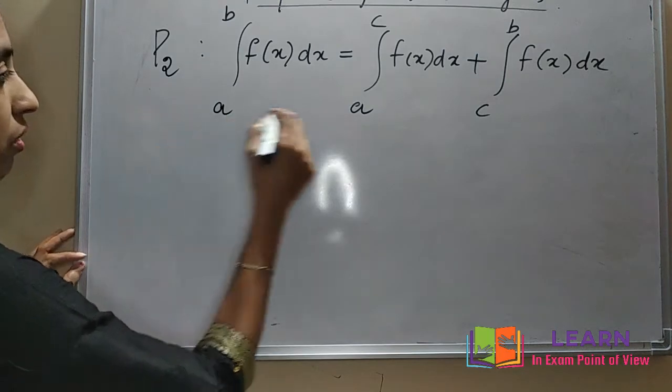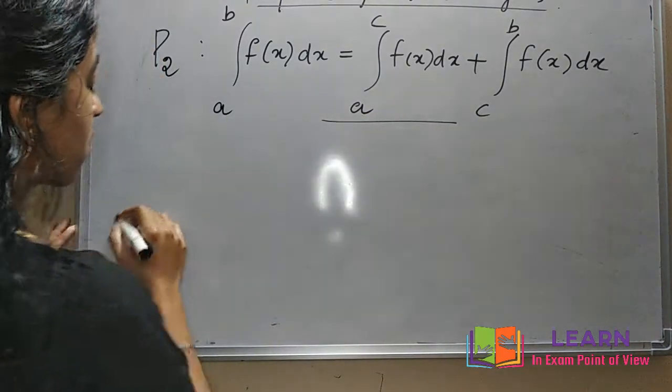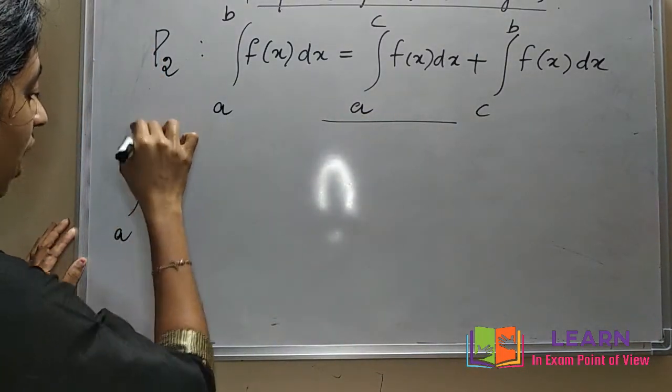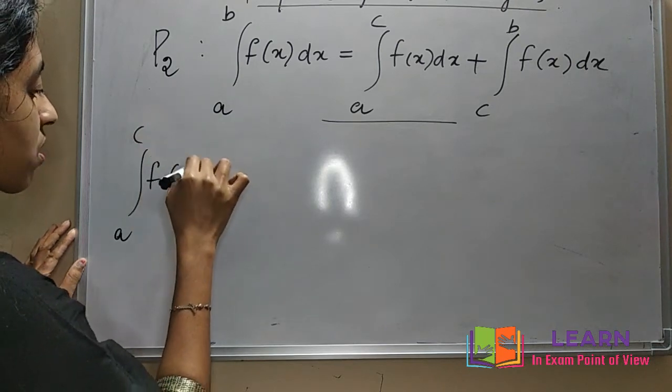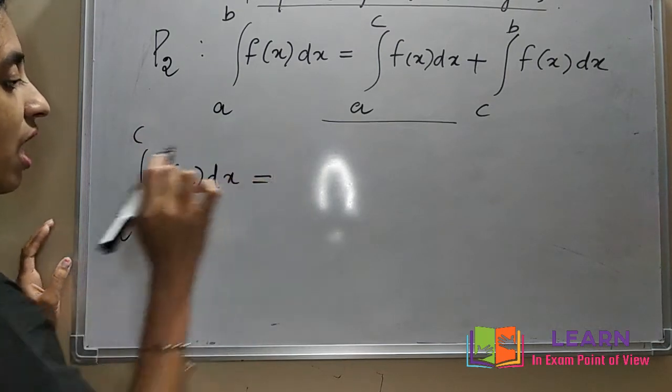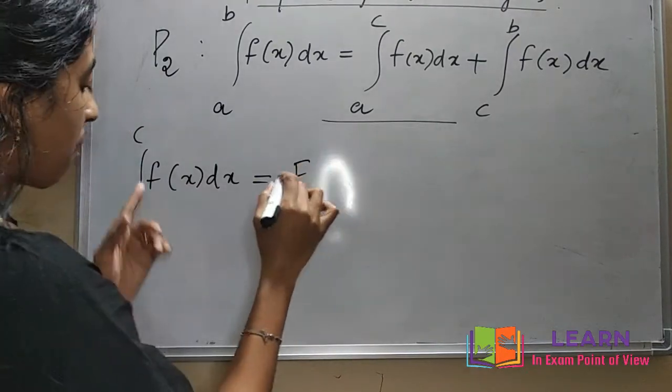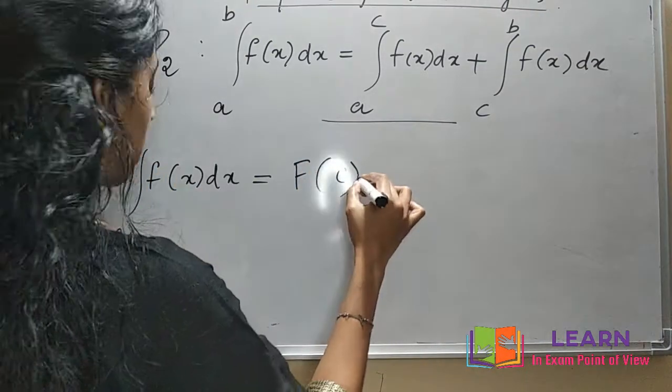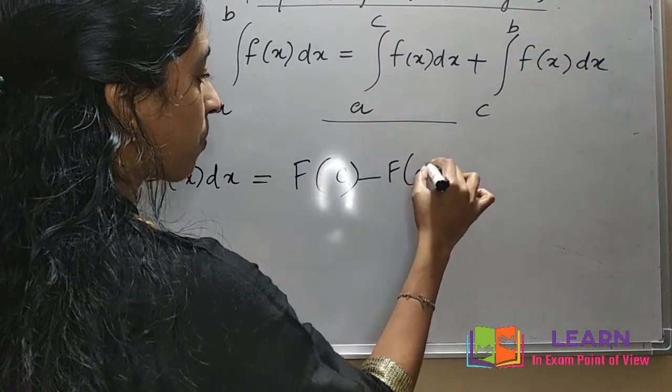So here we will take this term first. Integral from a to c f of x dx, using antiderivative capital F, upper limit is c minus lower limit a.